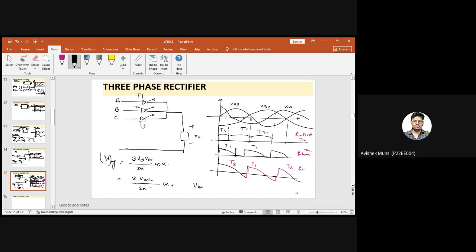So maximum line voltage will be root 3 of the phase voltage. This is the relation. Okay. Then what will be the average? You can also write it, since VML can be written as root 2 of the rms line voltage, it can also be written as 3 root 2 by 2 pi VL cos alpha. Okay.